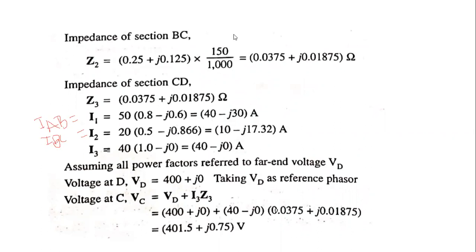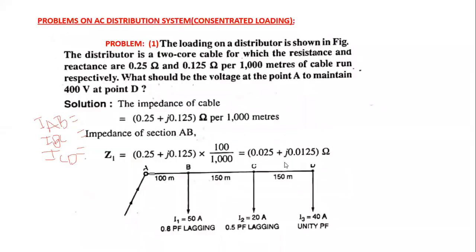Similarly, we will calculate the ICD value or I3. This is the current at section C to D. What is the current at D point? 40 amperes and power factor is unity.